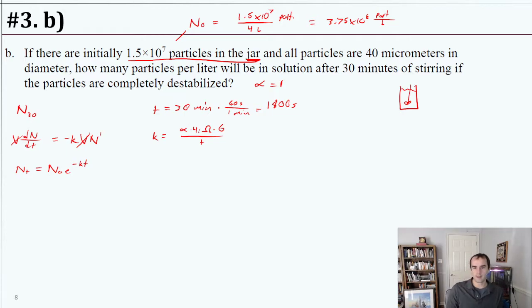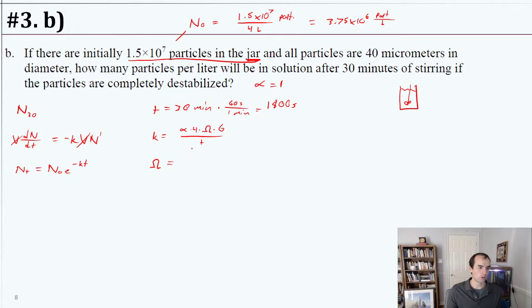We have all of that except for the flock volume. The flock volume is given as the volume of one of the particles times the number of particles per volume of solution. So essentially what fraction of the total volume in the jar is actually particles, right? The rest of the volume is water, some volume is particles. That fraction is this answer here.